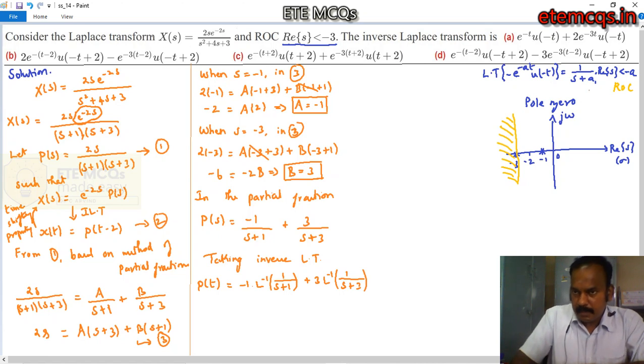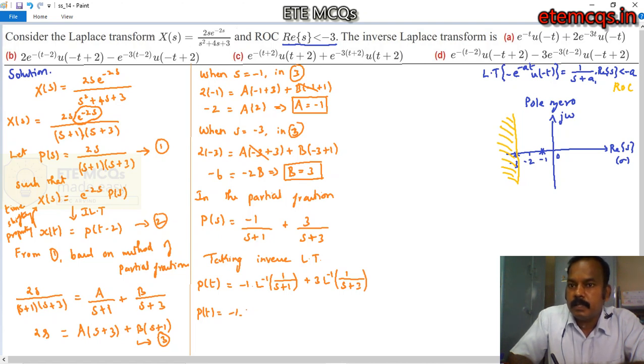Now when you take the inverse Laplace transformation, you just make use of this formula, so that in the place of 1 by s plus a, we have 1 by s plus 1, and in the place of 1 by s plus 3, again we have 1 by s plus a. So taking the inverse Laplace transformation, we get P of t is equal to minus 1 into the inverse Laplace transformation of 1 by s plus 1, which is minus e power minus t into u of minus t.